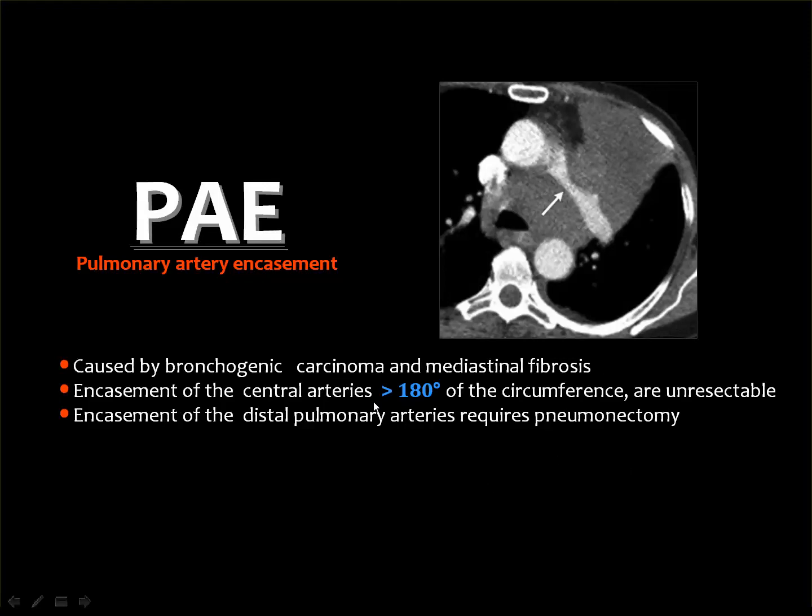Encasement is diagnosed if the lesion is surrounding the pulmonary artery at more than 180 degrees of its circumference. And this means that the lesion is unresectable, because you cannot remove the lesion as well as the pulmonary artery inside the lesion.